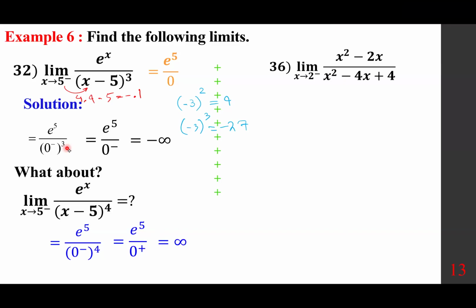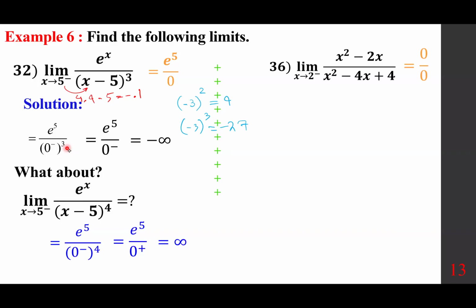We want to look at this example. And if you plug in 2, you do get 0 over 0, although anytime you are dealing with a fraction, a rational expression, it's really a very good idea to factor it in the first place, okay?